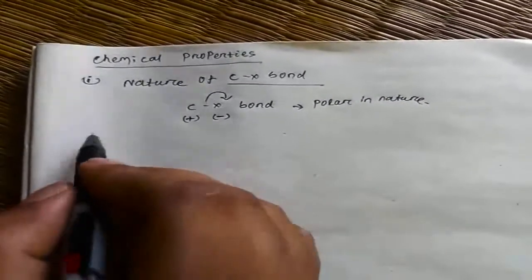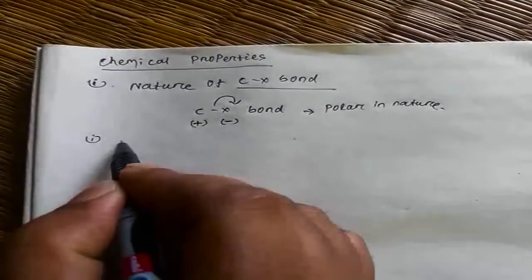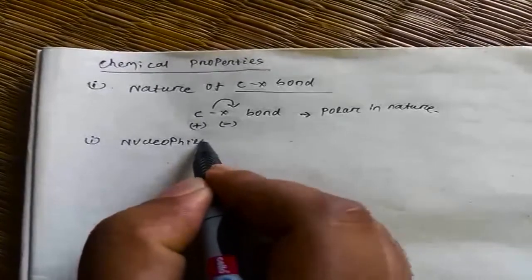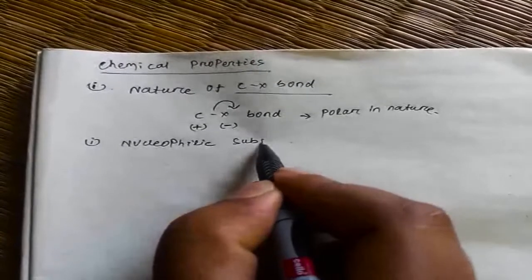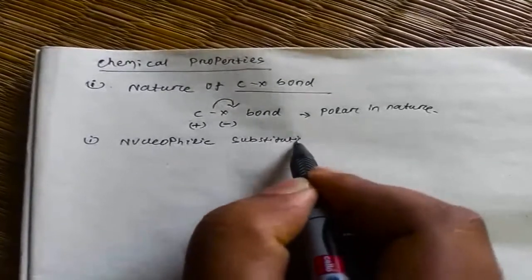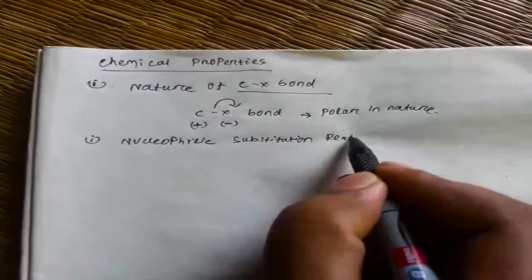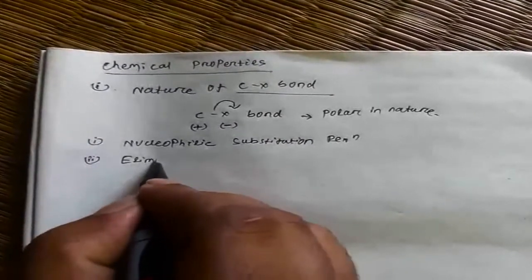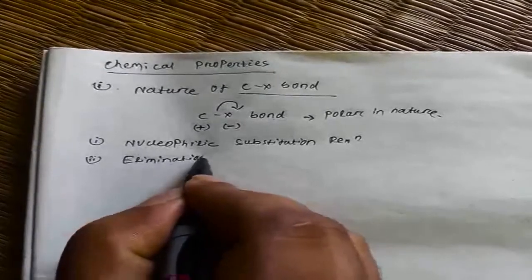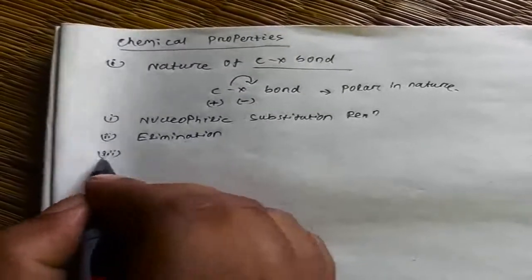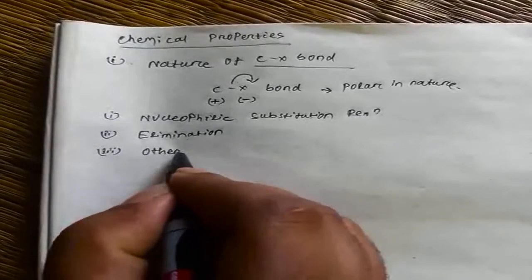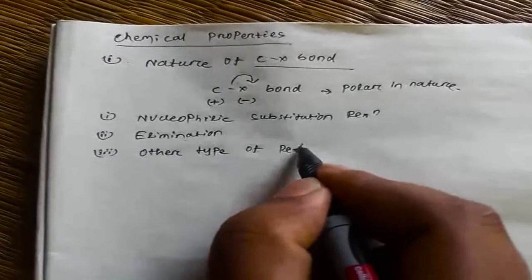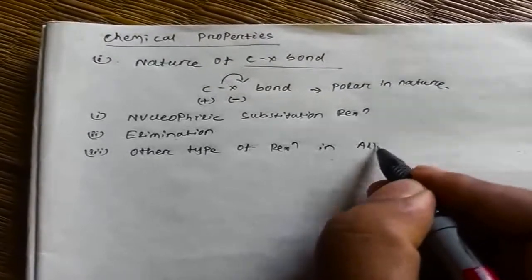Chemical properties of alkyl halide are generally of three types: first, nucleophilic substitution reaction, second, elimination reaction, third, other types of reactions in alkyl halide.